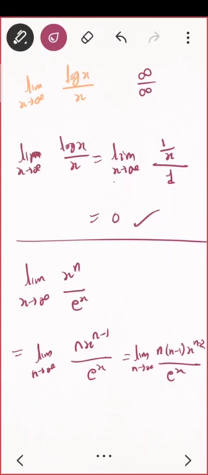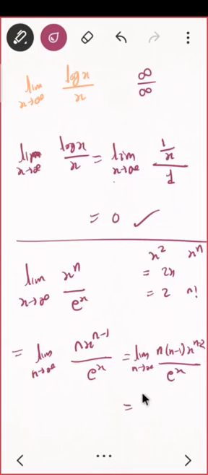In the numerator, after n times derivative, what will you get? Suppose you are having x raised to 2. After 2 times derivative, what comes? What is the first derivative? 2x. What is the second derivative? 2. So if you are having x raised to n, after n derivatives you will be getting n factorial, correct? So I am going to apply L'Hopital's rule n times.